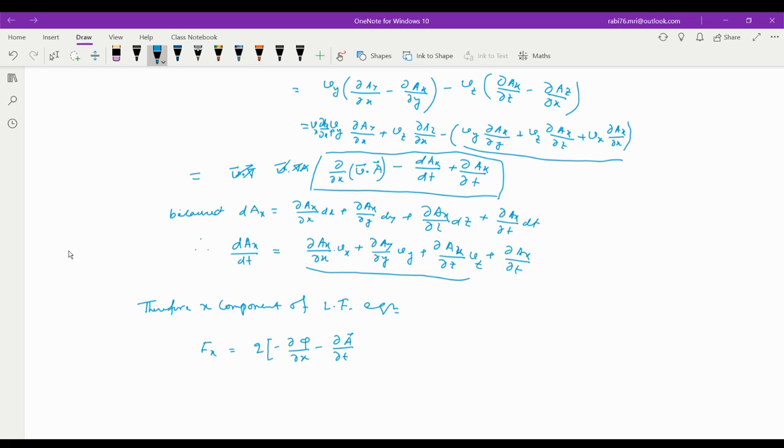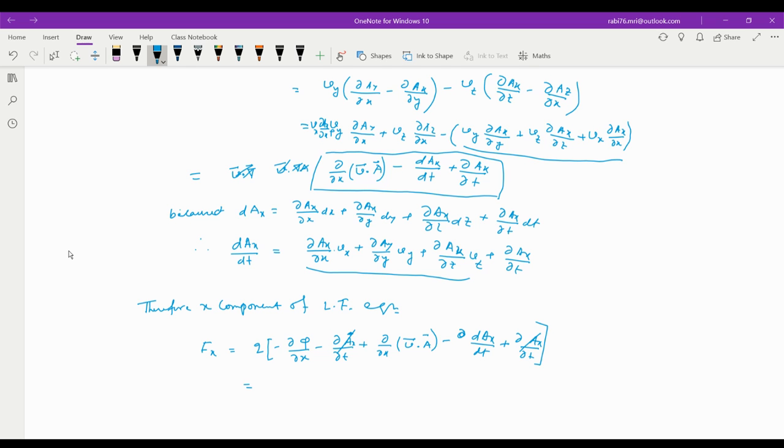And the x component is this thing. So plus del x of V dot A minus dAx dt plus del Ax del t. I'm sorry, there was no vector sign. So this term will cancel out, right? One is plus, another is minus.